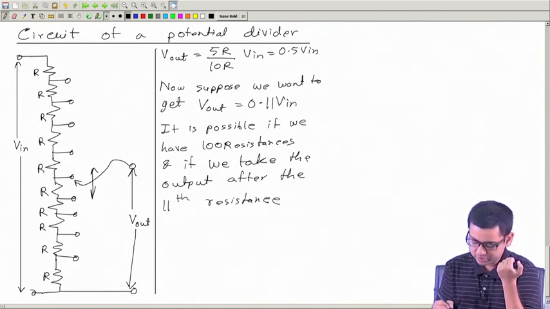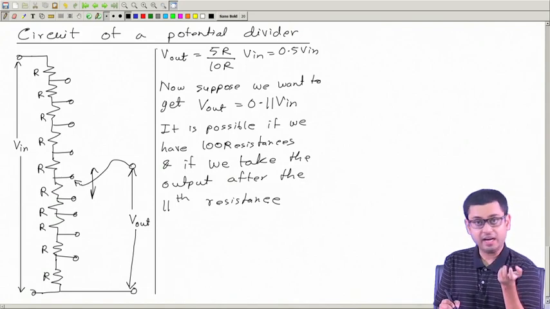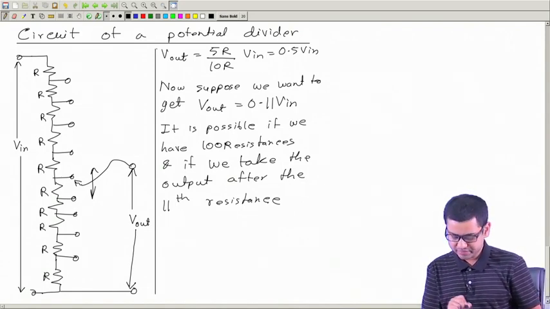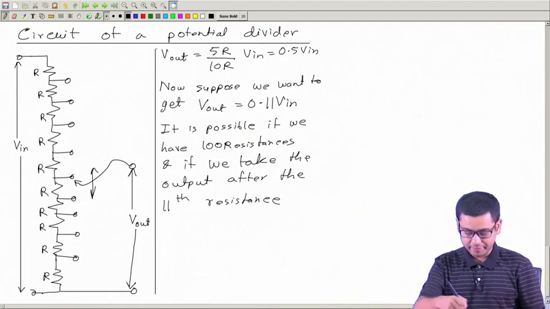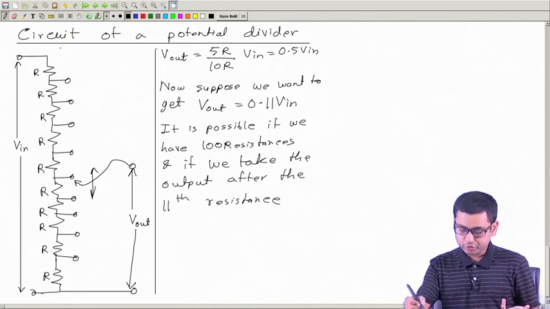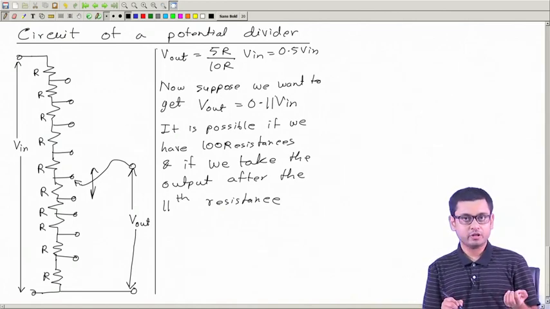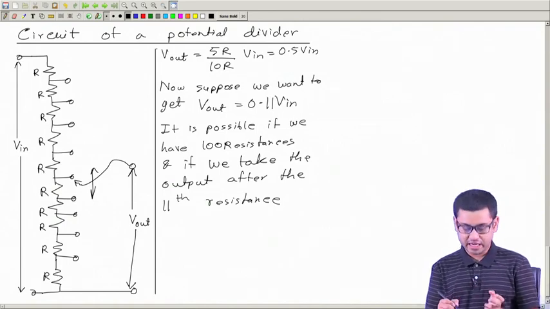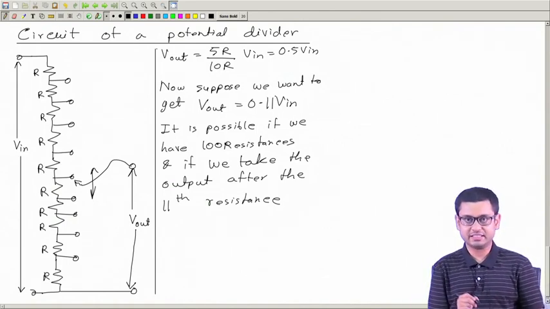But then you need 100 equal resistances, and they should be as equal as possible. This chain is becoming longer. Now, if I need V out to be, say, 0.123, up to 3 decimal places, then I need 1000 resistances.